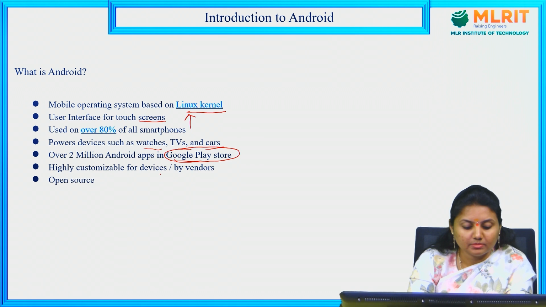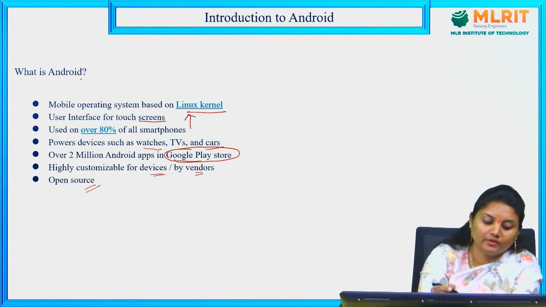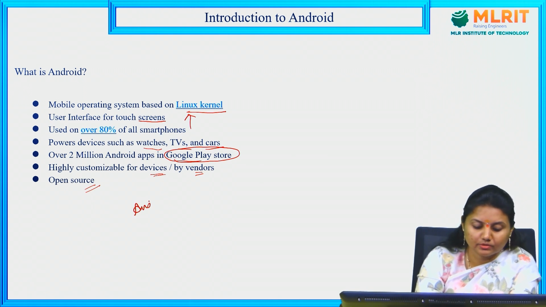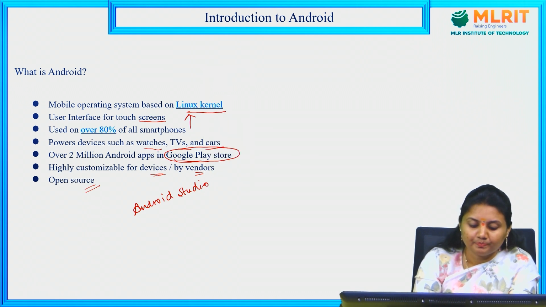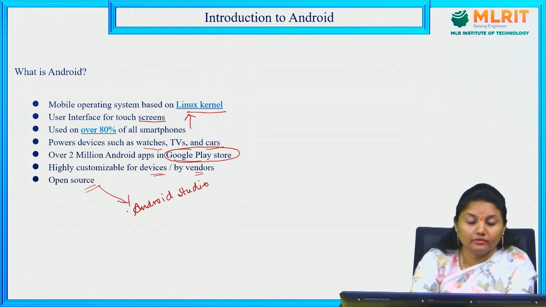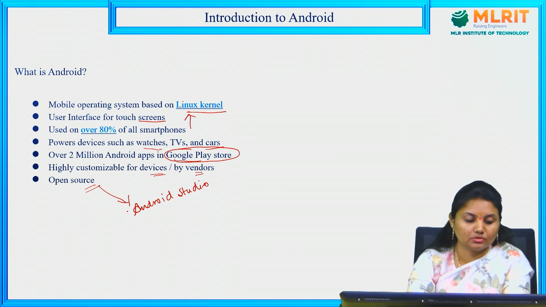Android is highly customizable for the devices and by the vendors, and it is open source. For Android we will be using the Android Studio software. Android Studio is open source, so you can directly get it from the internet, which is why we call it open source.